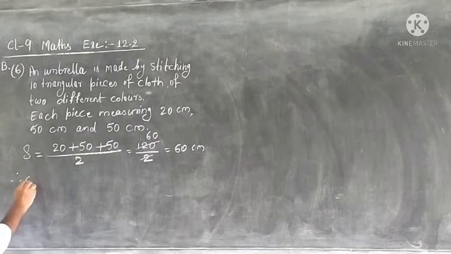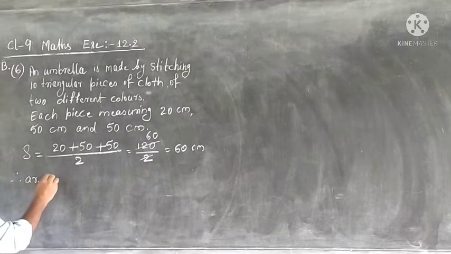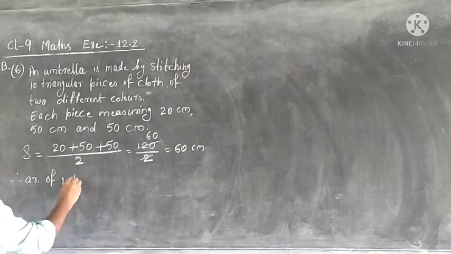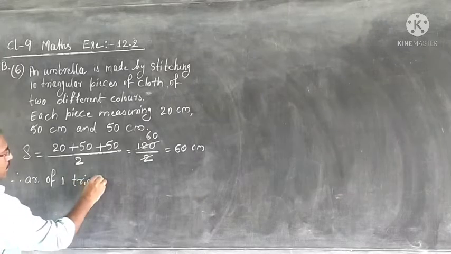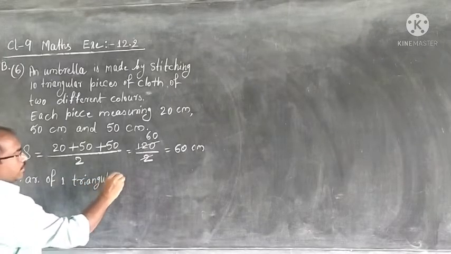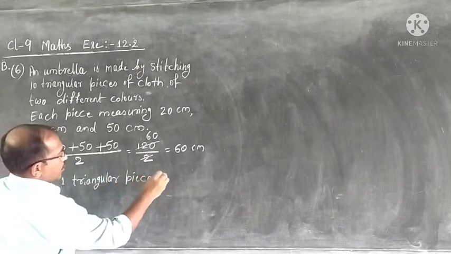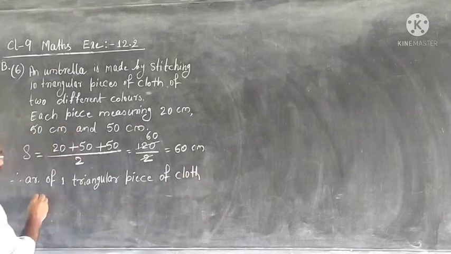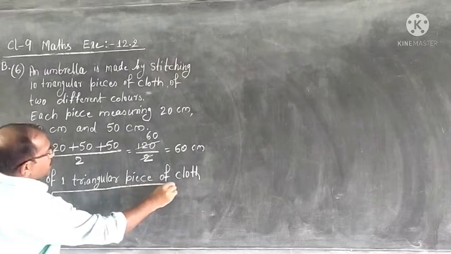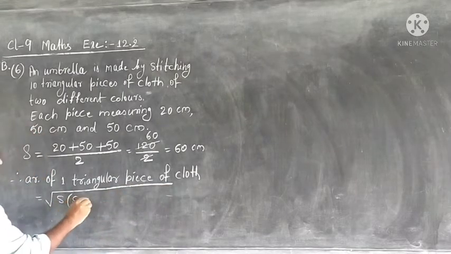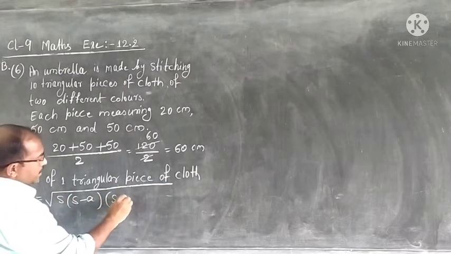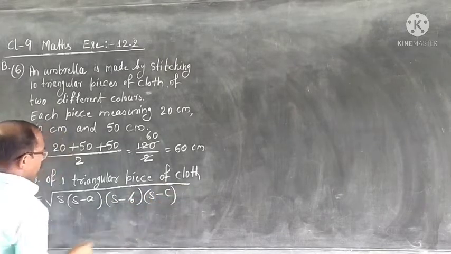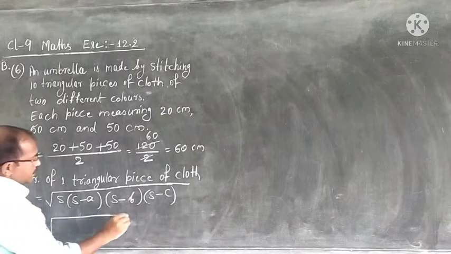Therefore, area of one triangular piece of cloth, we will use the same formula we have been using, root of S into S minus A, into S minus B, into S minus C. You are now well familiar with this formula. We put these values.